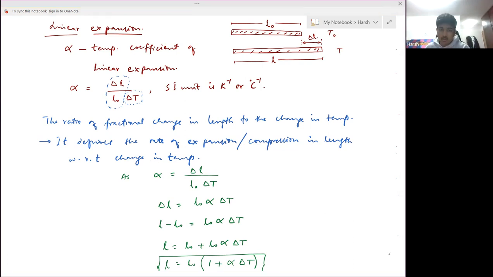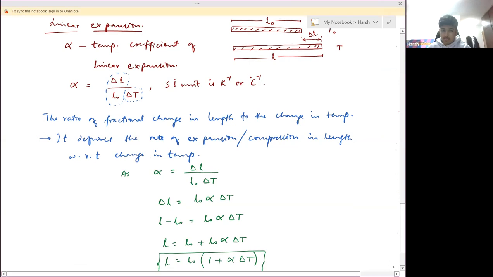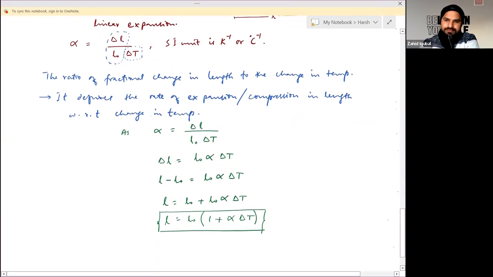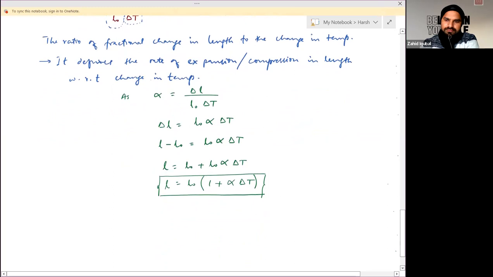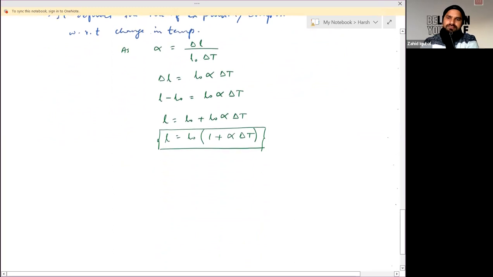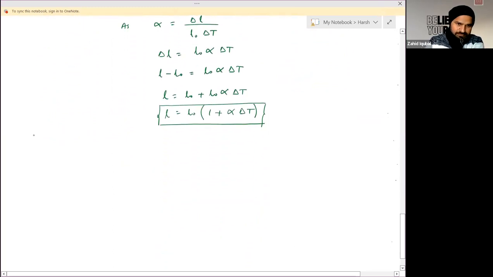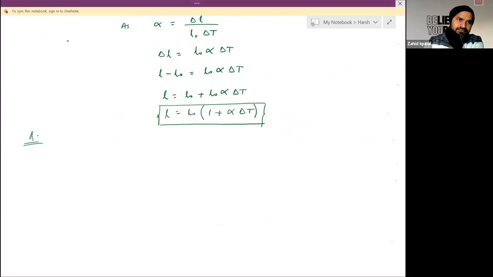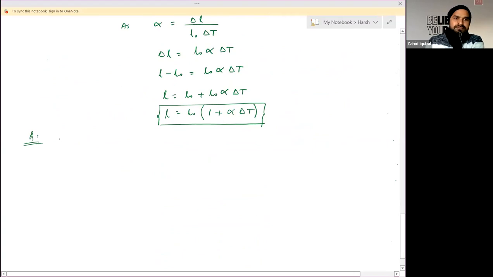Done, sir. Okay. Now related to this part, a rod is 1 meter at 27 degrees Celsius.